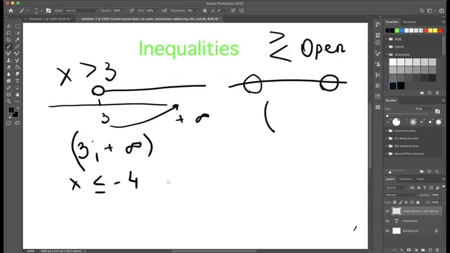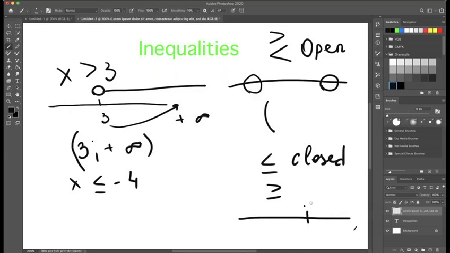When it's less or equal or more or equal, this interval goes like a closed one. It's a closed interval. And on the number line, it will be a colored circle. So it means that you are including this number, not excluding.